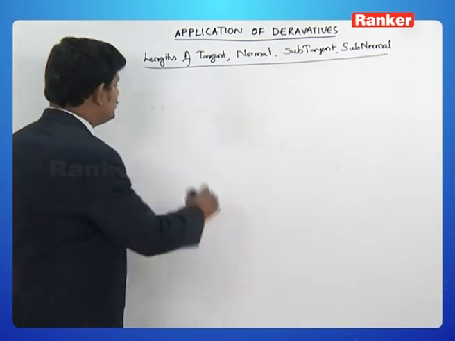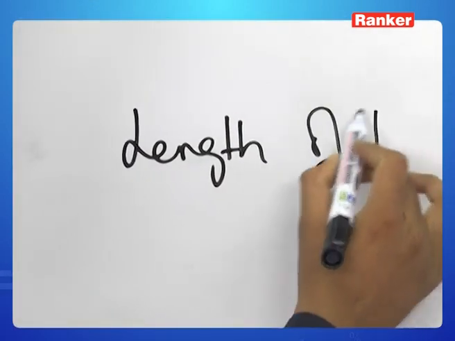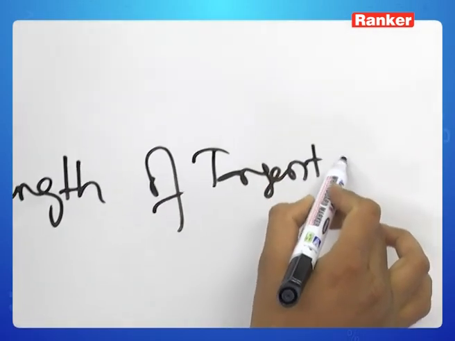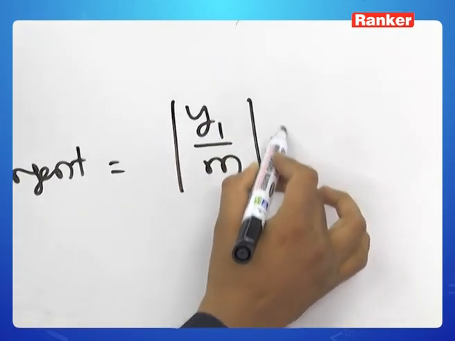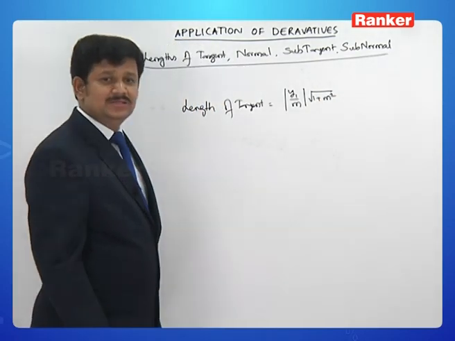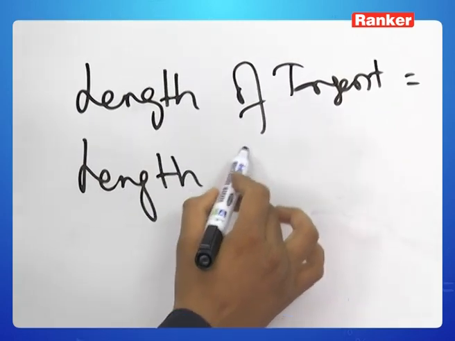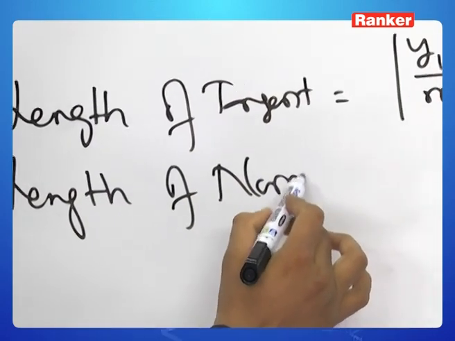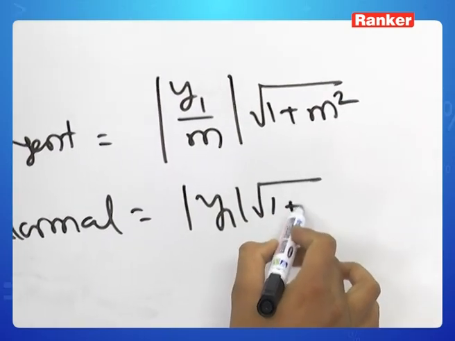So let us look at all these terms once again. Length of tangent is given by modulus of y1 by m root over 1 plus m square, where m is dy by dx at that point. Length of normal is given by modulus of y1 root over 1 plus m square.